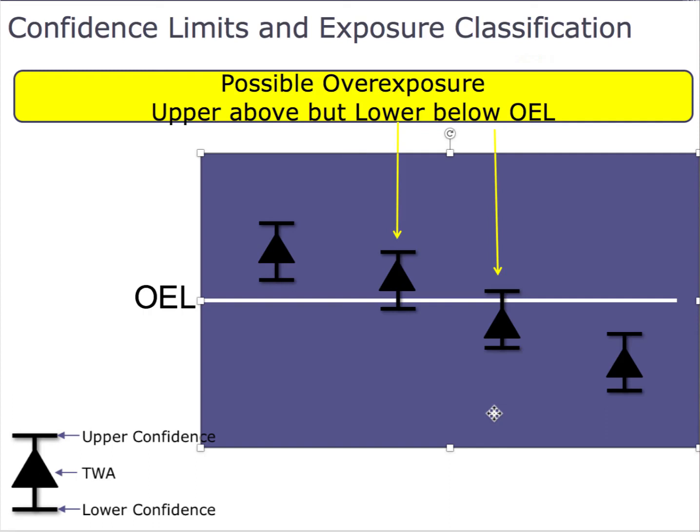But when we put our confidence limits, or confidence intervals, on our time-weighted average, we would find that our upper confidence limit is actually above 1, above our OEL, and therefore the workers may be overexposed. And I believe when we do the math, this will make a little bit more sense to you.